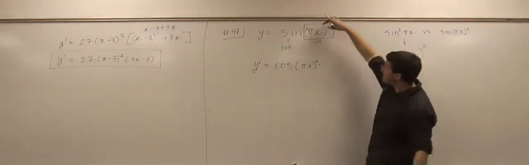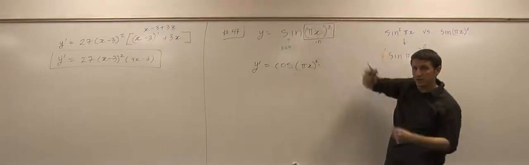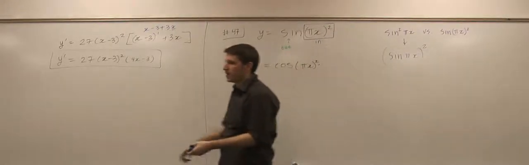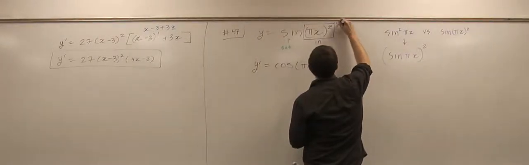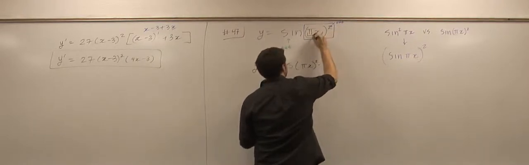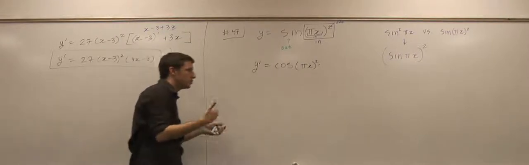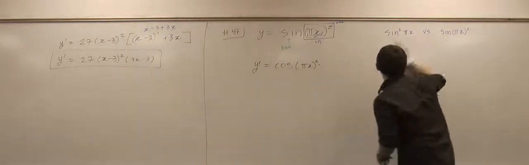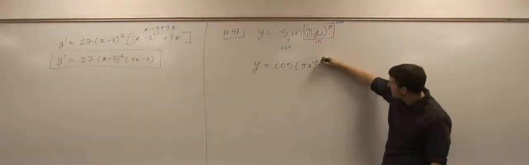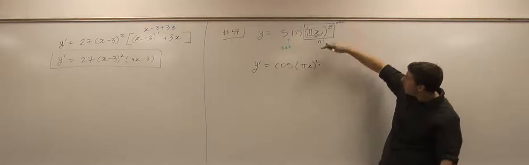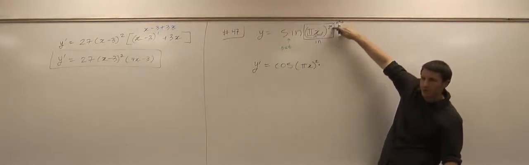Now be careful, this inside, pi x squared, is another composition. There is another inside and another outside. This guy here is out, and this guy here is in. So you have to do another chain rule. It's a chain rule within a chain rule, which are my favorite questions from this section, probably, so hopefully this sinks in. So now that I'm doing the derivative of the inside, I have to start at the squaring part.